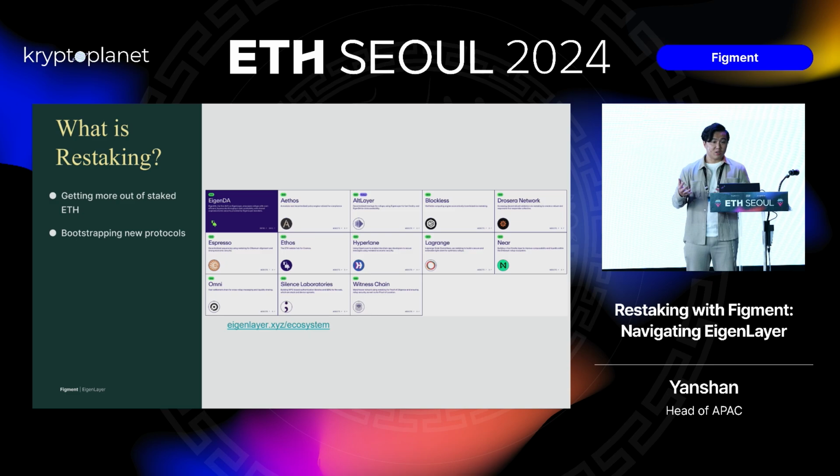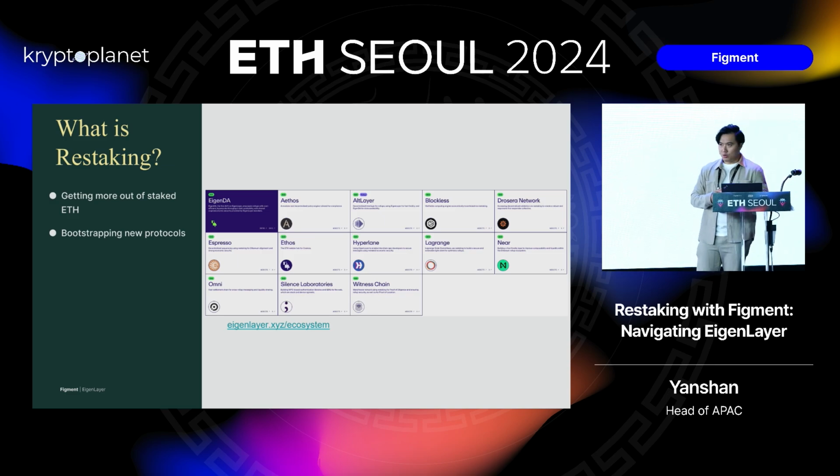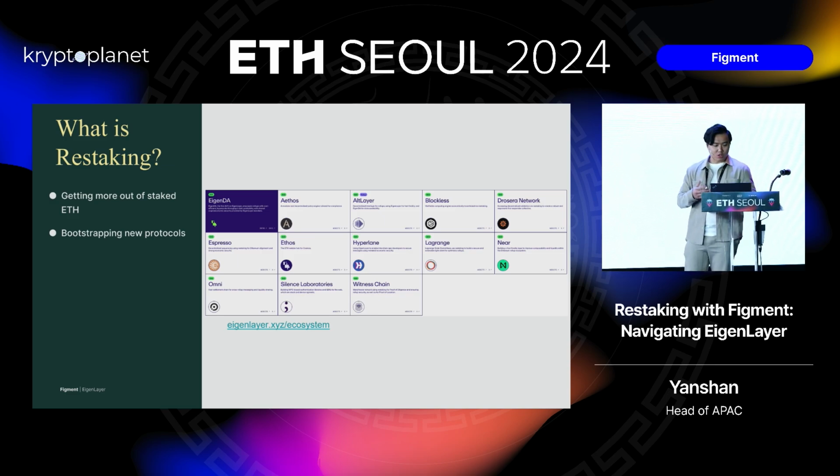And as a builder, that's what you have to think about, right? What restaking essentially provides you is that you will be able to leverage the existing security of a base protocol and get the security from there. You don't have to build up your own validator ecosystem, bootstrap your entire validator network. It's all available for you with the idea of restaking.